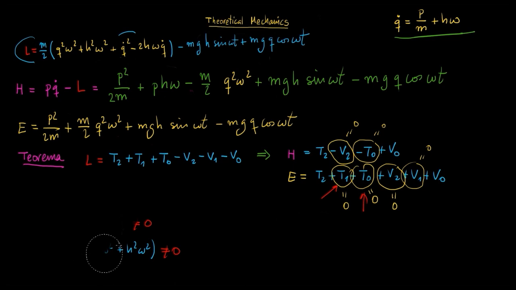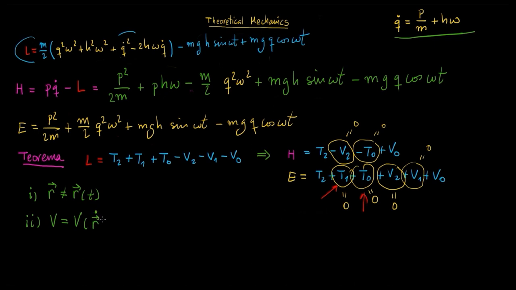And remember that there is another way to approach this problem. The problem can be reduced to two conditions. The first condition, remember, is that the vector r doesn't depend on t explicitly. And the second point is that the potential doesn't depend on velocities. If there is no dependence on t and velocities in the potential energy, then the Hamiltonian equals the energy.